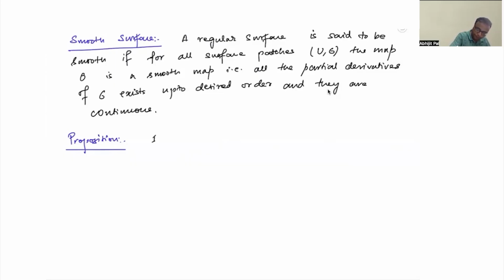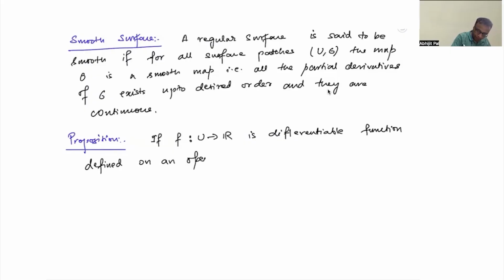So if f is a differentiable function defined on an open subset U of R2, then the graph of f, what is this graph of f?